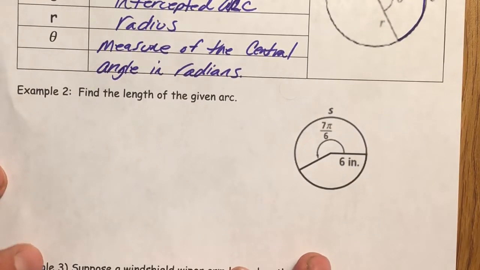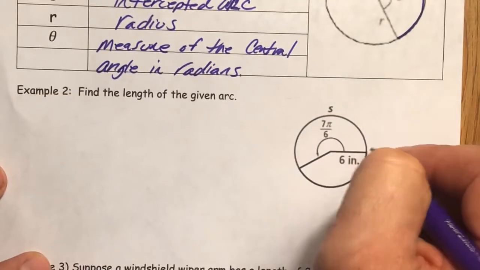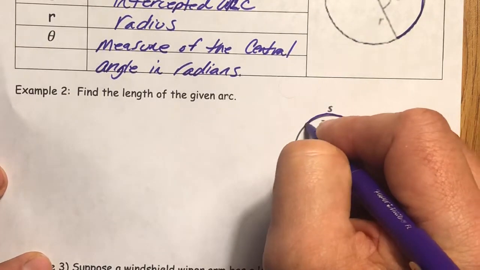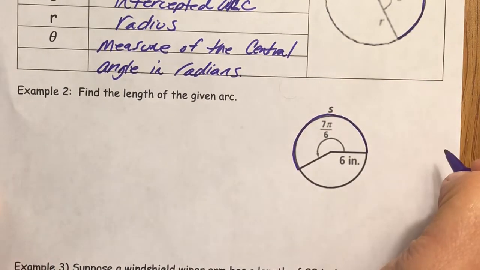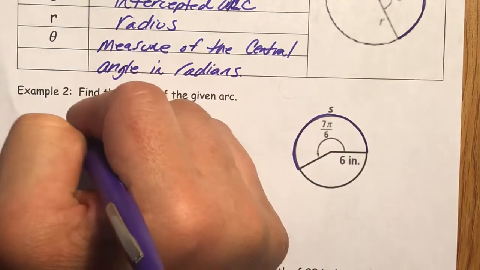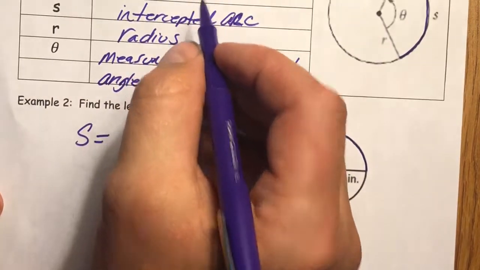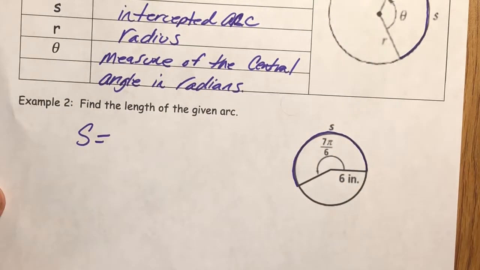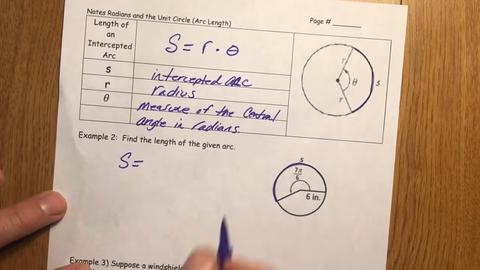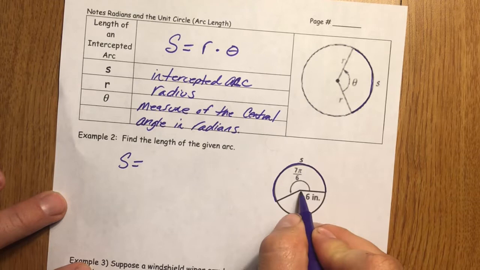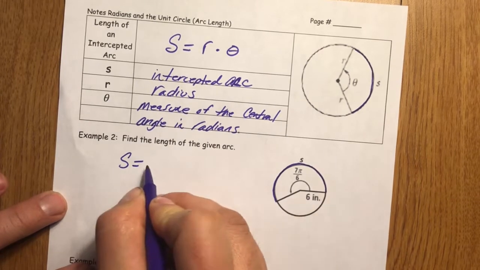So if I want to figure out what the length of this intercepted arc is, what's the length of S? We know that S is equal to the radius. In this example, the radius is 6 inches.